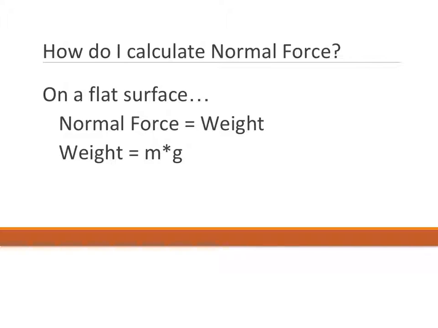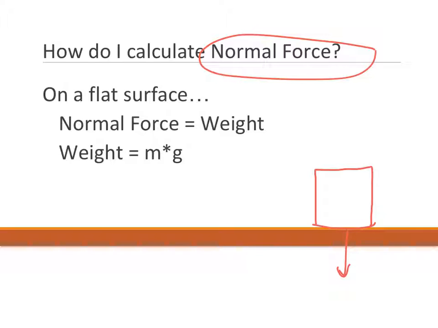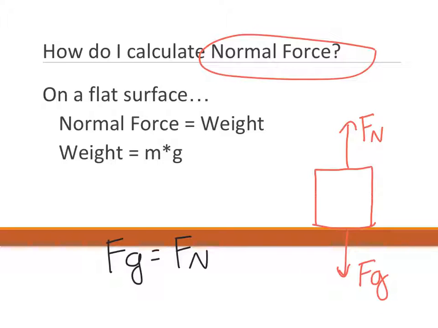So how do I calculate normal force? Well, if we think about a box that is sitting on a table, I have the force of gravity that's down, and I have normal force up. We know that these two things are equal to each other. Remember that our force gravity is actually the weight of the object.